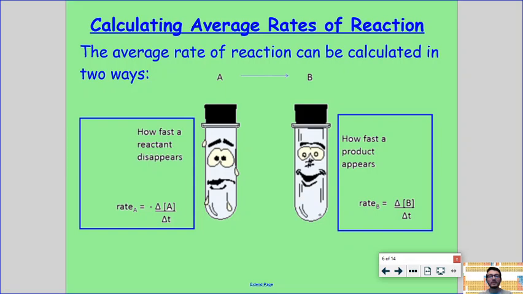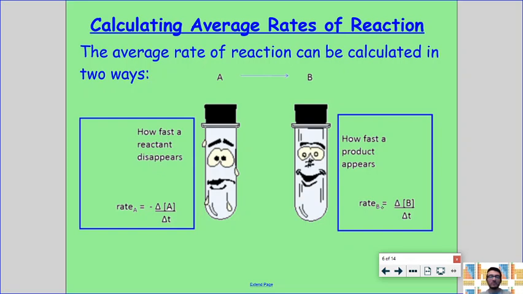Again, there are two ways, as we alluded to before, that we can measure a rate of a reaction. If the reaction is going from A to B, reactant to product, how fast a reactant disappears is a concentration change per unit time, or how fast a product appears is the rate of concentration change of B, the product, per unit time.